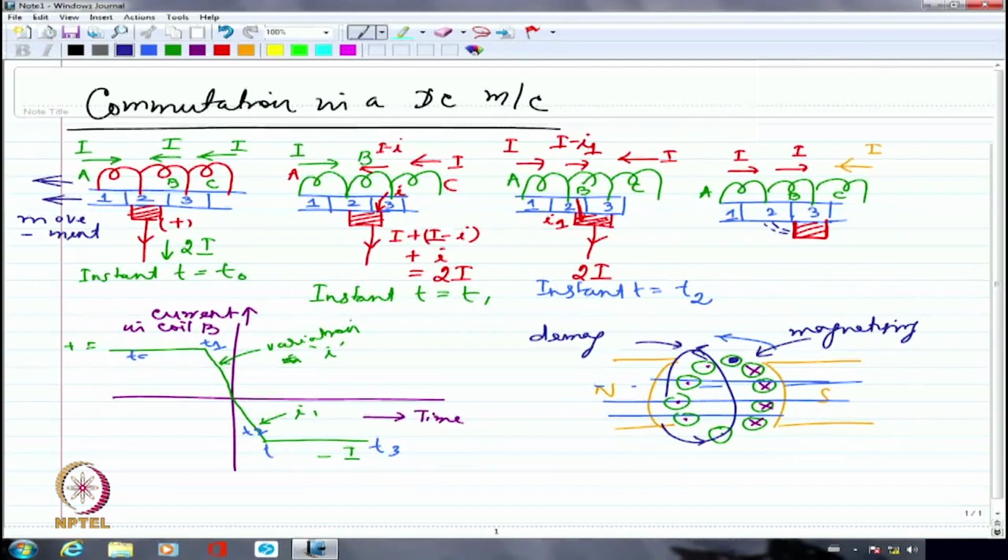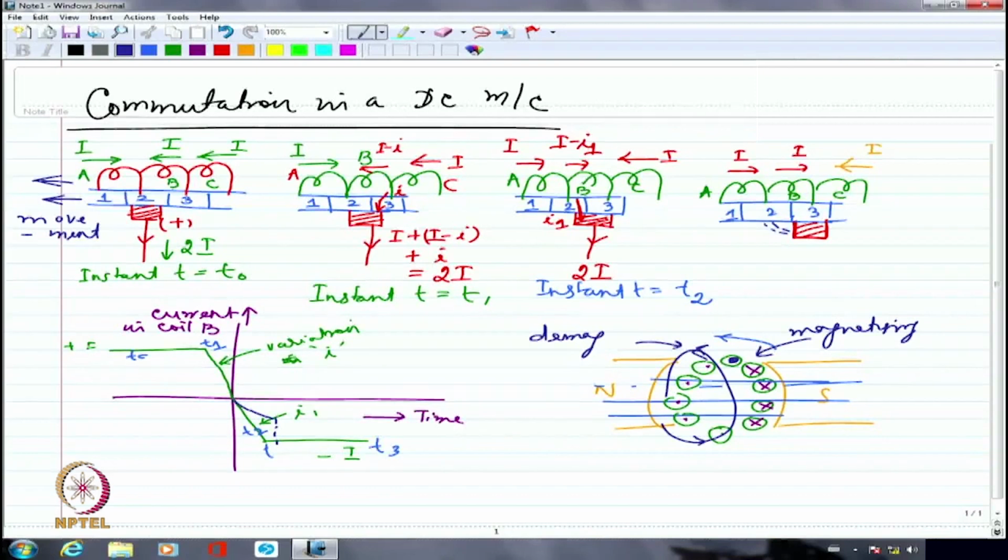So actually speaking, I'm not going to have the current follow this path. It is going to get delayed slightly, and then suddenly you will see, due to sparking, because arc resistances are generally larger. An arc will always have a little larger resistance compared to copper, very clearly. So it is going to probably wear out its stored energy or whatever, and quickly it will just jump to this particular minus I value from whatever value it was earlier.